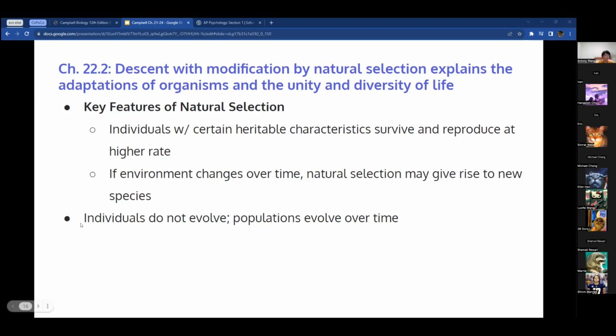The allele frequencies for an individual will remain the same throughout their entire life; there's nothing that can change that. But if you're talking about a population, as time passes, as unfit traits are selected against, allele frequencies can change.